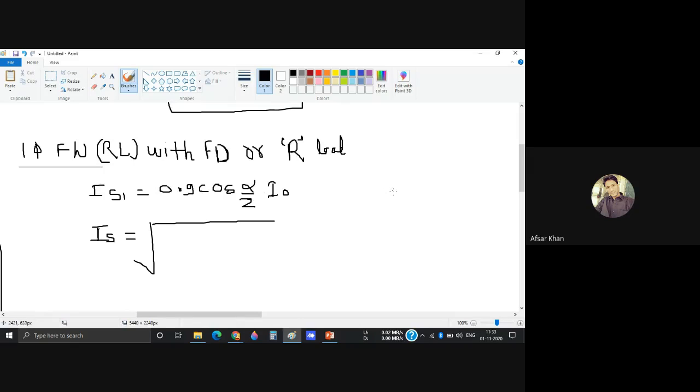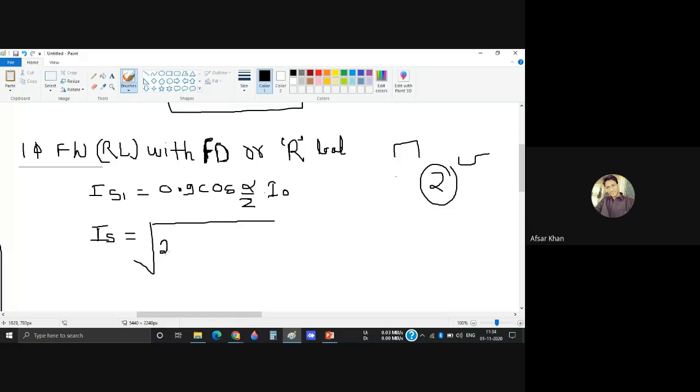Tell me, students, square or quasi-square? With a freewheeling diode, quasi-square waveform. If it is a square waveform, it means two squares are there, so we have to multiply by 2.